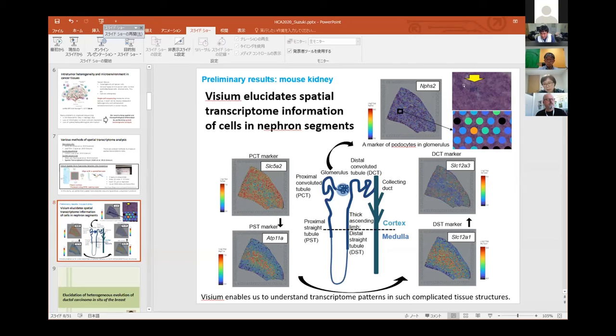The nephron is like here, and the resolution is like here. If we are lucky, we may find a spot which just overlaps with this nephron, but not always. So the resolution is relatively an issue when we think about applying this platform for spatial transcriptome analysis, strictly speaking.